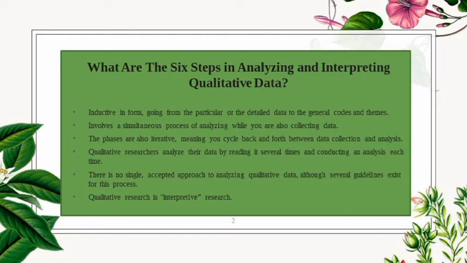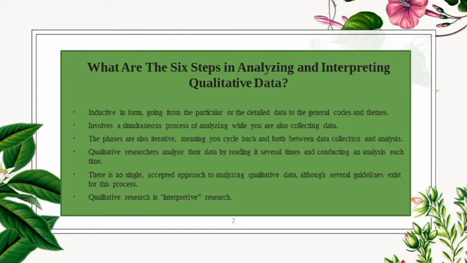What are the 6 steps in analyzing and interpreting qualitative data? The first, inductive in form, going from the particular or the detailed data to the general codes and themes. Second, it involves a simultaneous process of analyzing while you are also collecting data. Third, the phases are also iterative, meaning you cycle back and forth between data collecting and analysis.